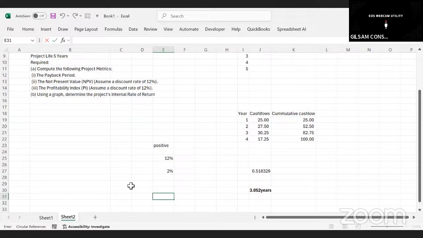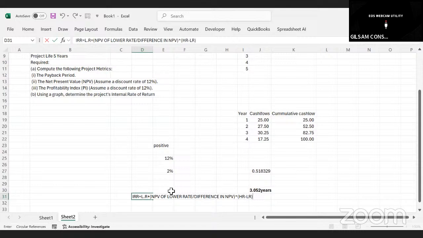So IRR, if you use the long formula, IRR equals the lower rate plus, in bracket, the NPV of lower rate that you divide by the difference in NPV, and then you close the bracket, you multiply by the difference between the higher rate minus the lower rate, and then you close the bracket, if you use the long method.